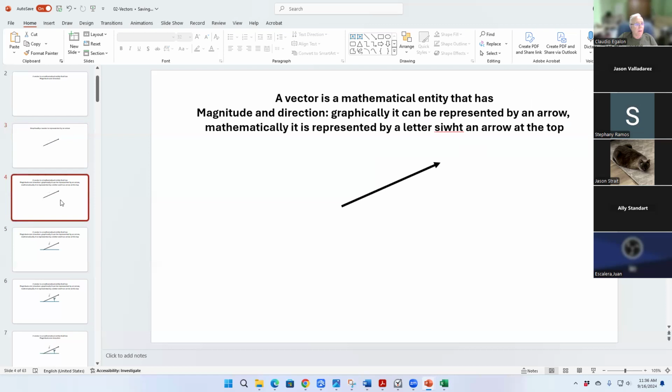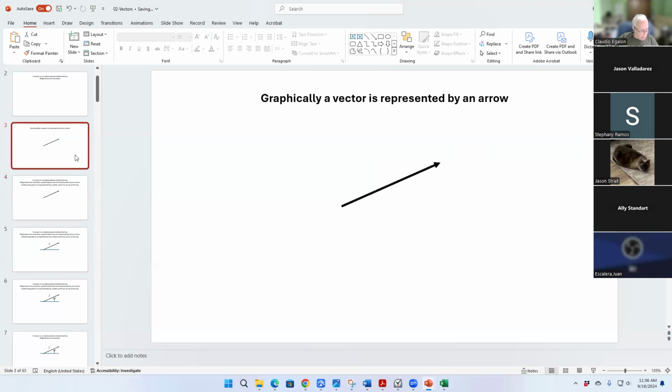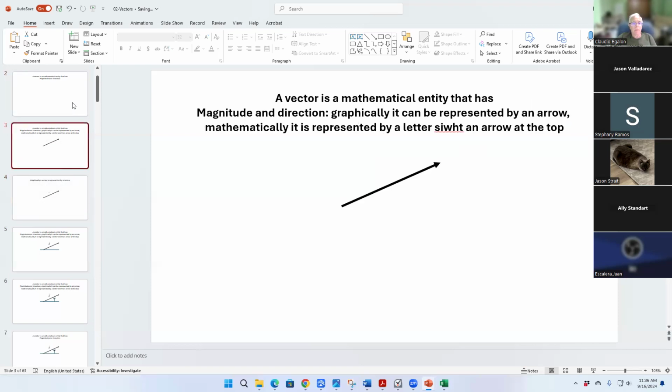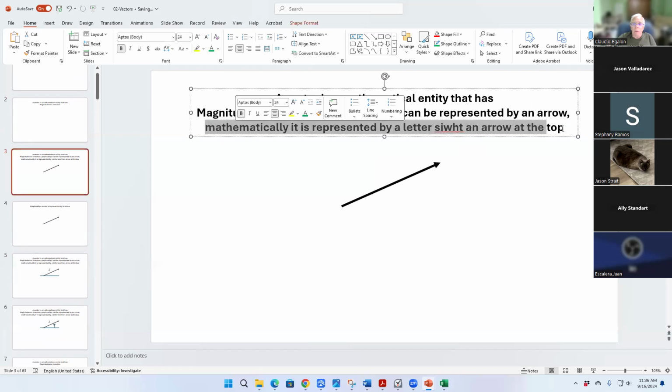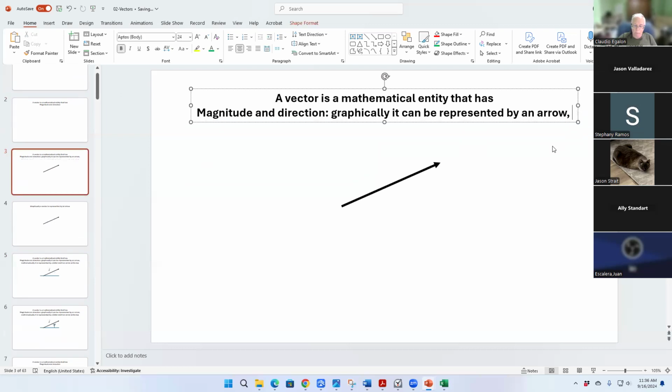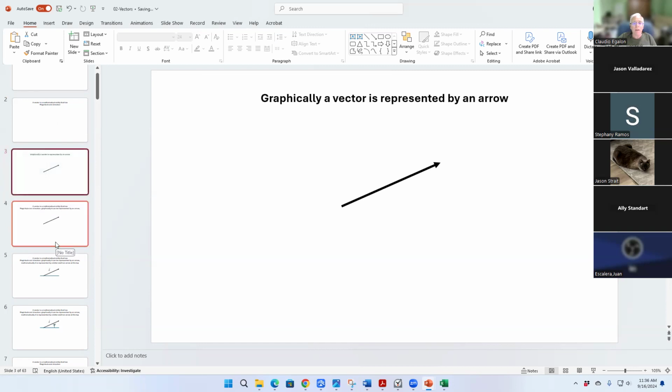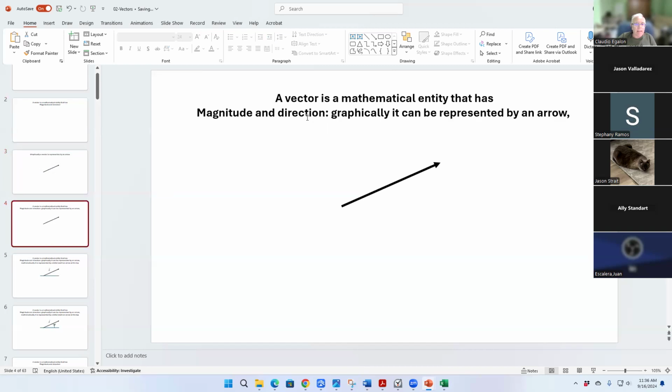Right? Let's see. Right in here. An arrow. Should be the right direction. Graphically, a vector is represented by an arrow.